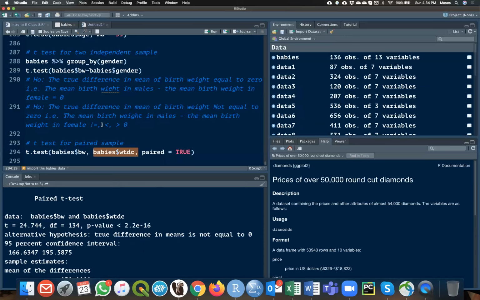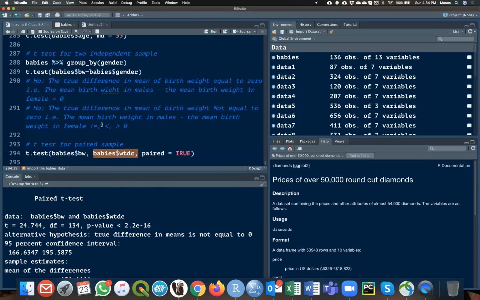So maybe we would consider that while a child was just born, they captured the birth weight, then they told the mother to breastfeed the child. We expect an instant weight gain of the child because the child is now feeding on the milk directly.